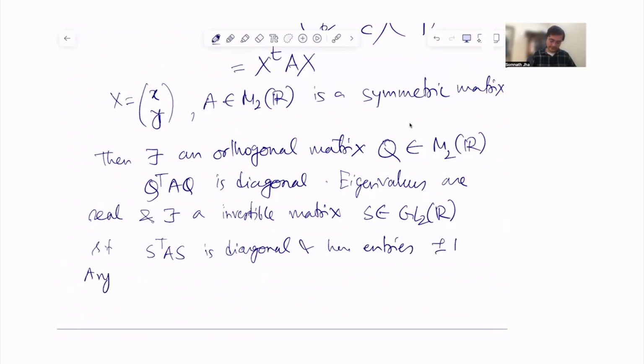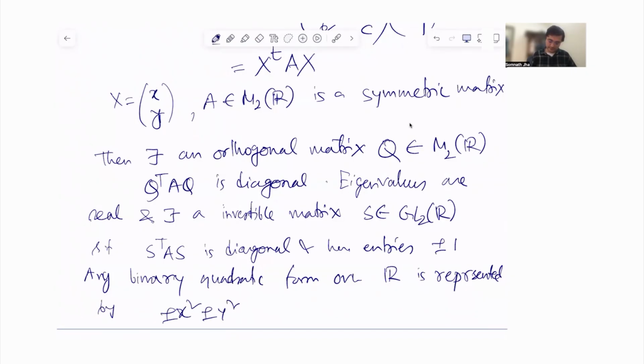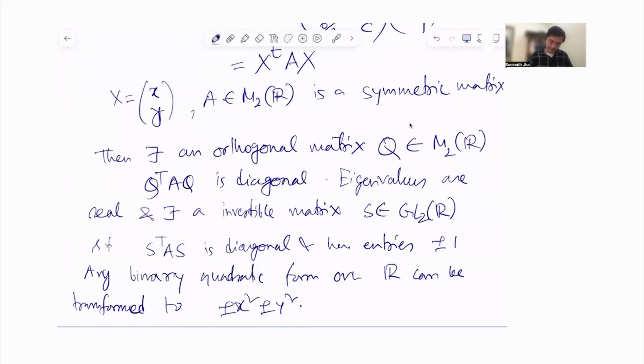So any binary quadratic form over R can be transformed to a sum of squares with signs plus or minus.